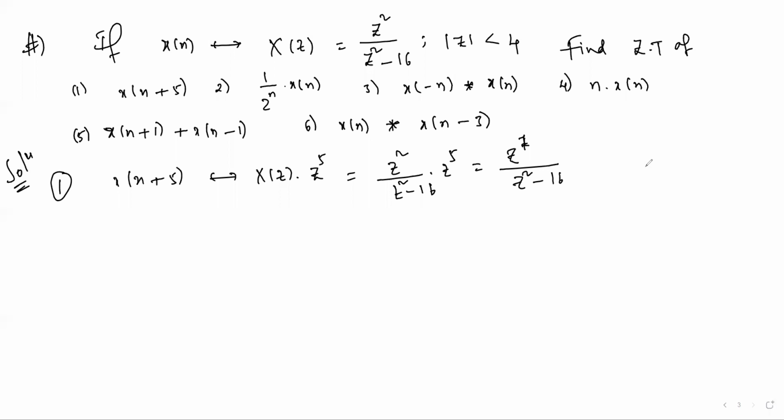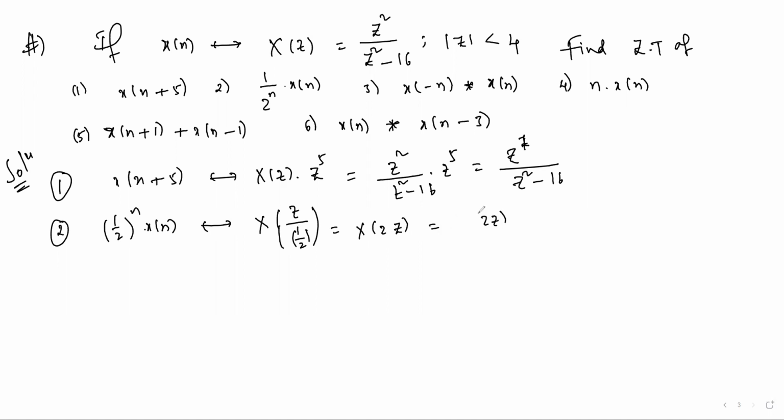Next, 1 by 2 to the power of n x of n. That means 1 by 2 whole to the power of n, x of n. So a power n, x of n, we know that x of z by a. What is a here? 1 by 2. That means this is nothing but x of 2z.